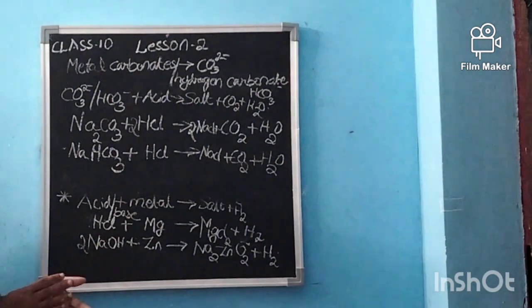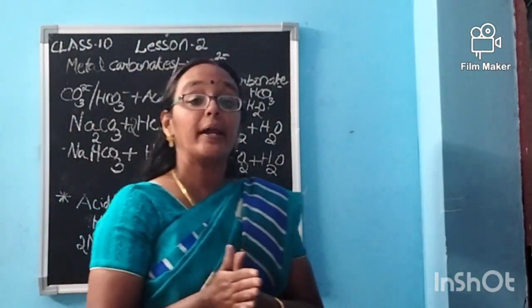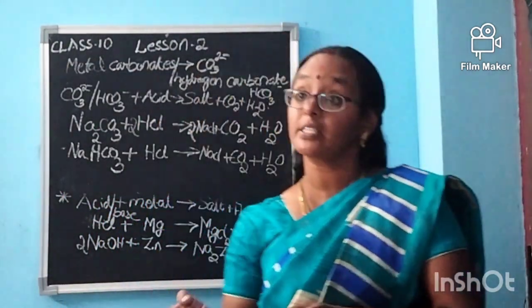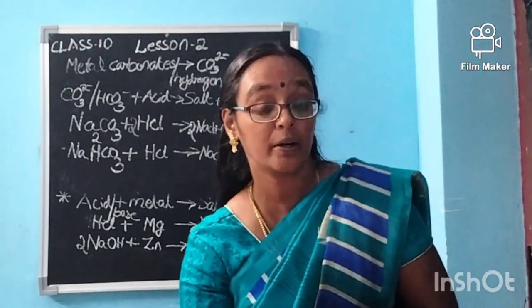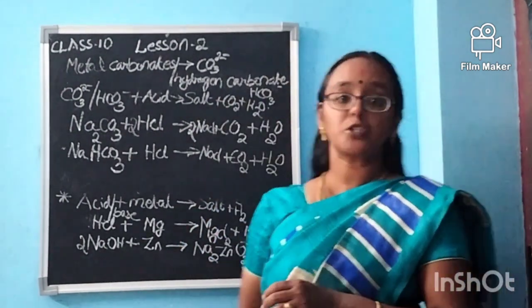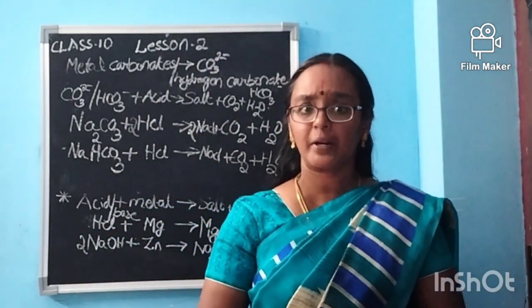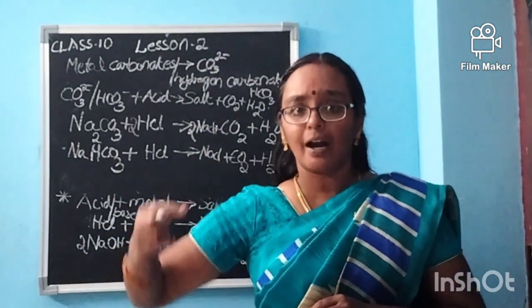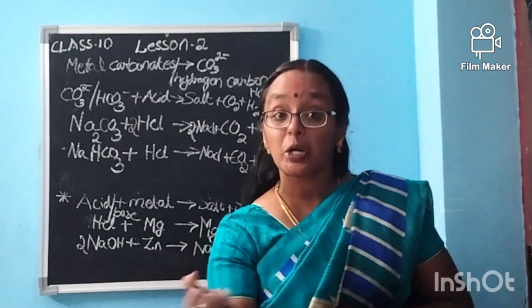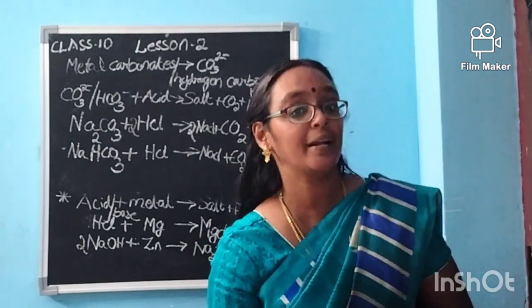Okay dears. Now, how will you identify that carbon dioxide is evolved? Which gas is it? How can you understand? Here we are going to bubble it in calcium hydroxide. Do you remember calcium hydroxide, slaked lime? When we are bubbling carbon dioxide, what will we get? Calcium carbonate.